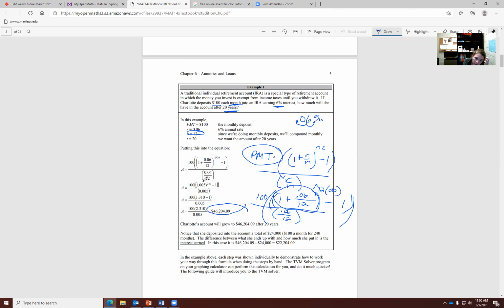And notice here, they do it in the same steps. They do this part first. That's 1.005. Then you raise it to the 240 power, subtract the 1, okay? And then they do this process all kind of together. So it's up to you. If you wanted to go ahead and divide it, you could. If you want to multiply by 100 and then divide, you can do that too, okay? As long as you get the right answer. All right.